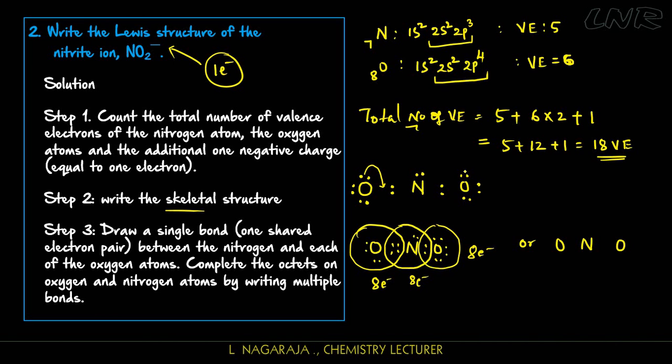That is, if these two pairs of electrons are present between the nitrogen and oxygen, in that case there is a multiple bond between these two atoms, that is between the nitrogen and oxygen, and there is one pair of electrons. So on the remaining electrons, 2, 4, 6 and 2.